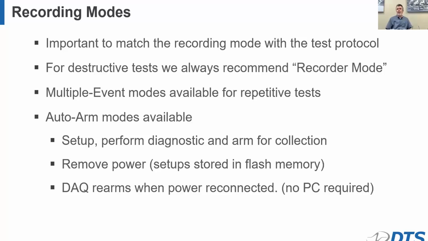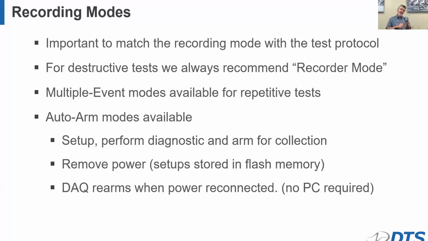Now, what is auto-arm? Auto-arm means that you perform a setup, just like we've talked about setting up the sensors, picking the right sampling rates and all that. You perform the diagnostics and you arm for collection, and then you literally turn the system off. The setup parameters are stored in the flash memory inside the unit, and the next time you apply power, the data recorder loads its firmware, loads its collection parameters, and it's ready to use.